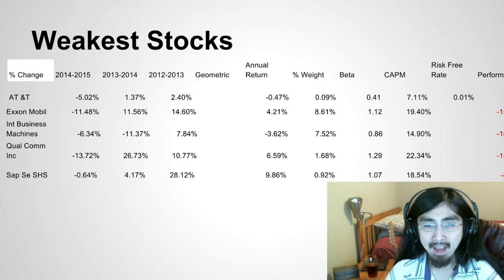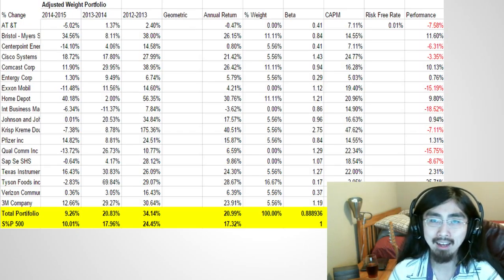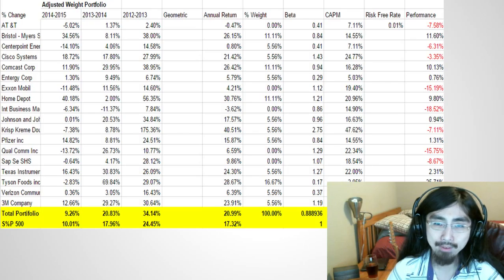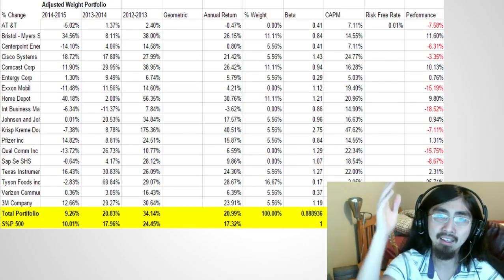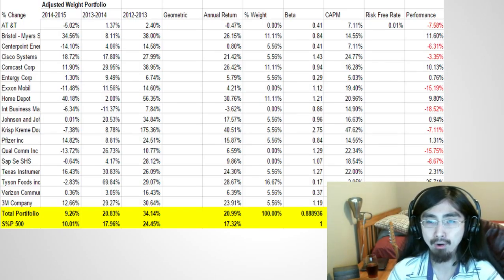But before we do that, I wanted to rebalance the portfolio by weight. So what I have done is I took 100 and divided by 18, and that gave us 5.56% weight for each stock. I completely averaged out the entire portfolio by weight, and every single stock now has 5.56%.